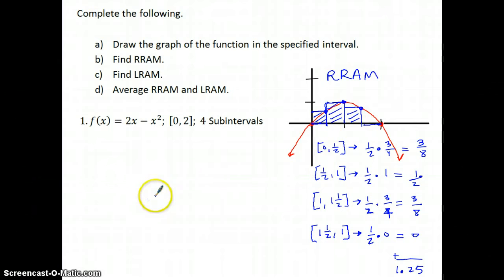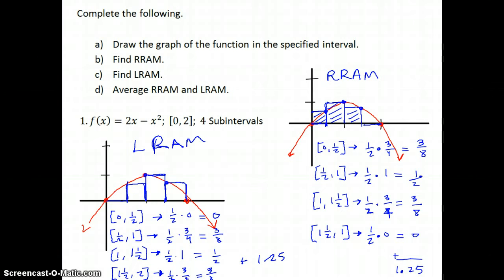So we have 1/2, which is the base, times whatever the height is, and I plugged in the x value to determine what the y value is, which gives me the height of the rectangle, and multiply base times height to get the area. I added up all the areas of the rectangles together and ended up with 1.25. So now I have to figure out what LRAM is equal to, and then average the two areas together.